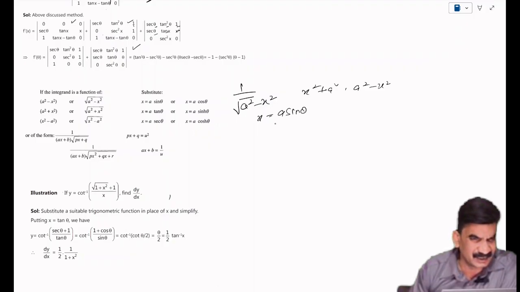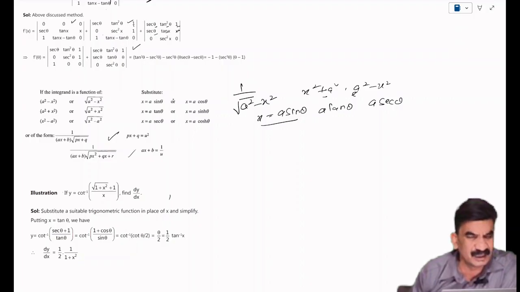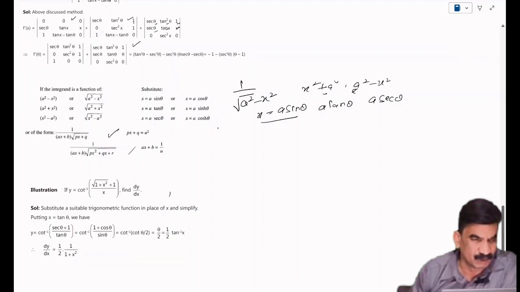This will be used a lot in integration. If this is a plus, it is a tan theta. And if the a is in front and the x squared is behind, then you do a sec theta. We'll do an example for that. Please remember these. We'll use them in integration. I just wanted to make your memory a little fresh so you can recall whenever you want.